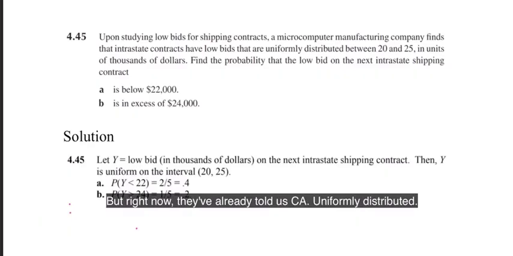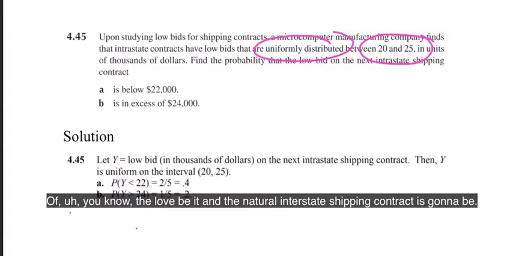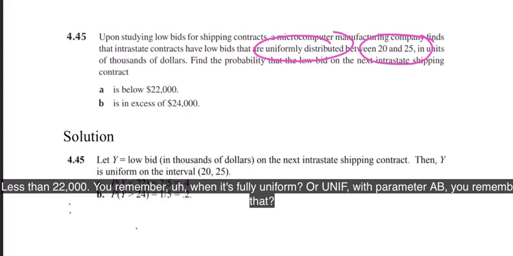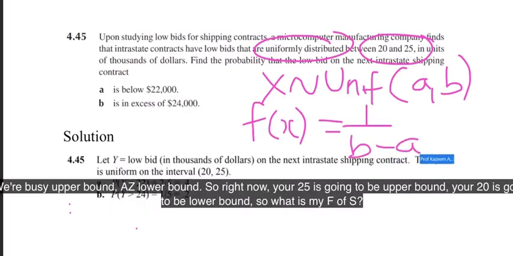Here, they've told us it is uniformly distributed between 20 and 25, and they want to find the probability that the low bid on the next interstate shipping contract is less than 22,000. You remember that when X follows a uniform distribution with parameters a and b, f(x) is 1 over b minus a, where b is the upper bound and a is the lower bound. So right now 25 is the upper bound and 20 is the lower bound.